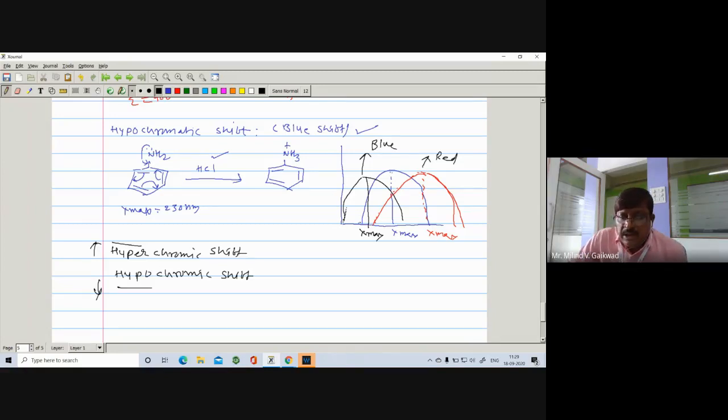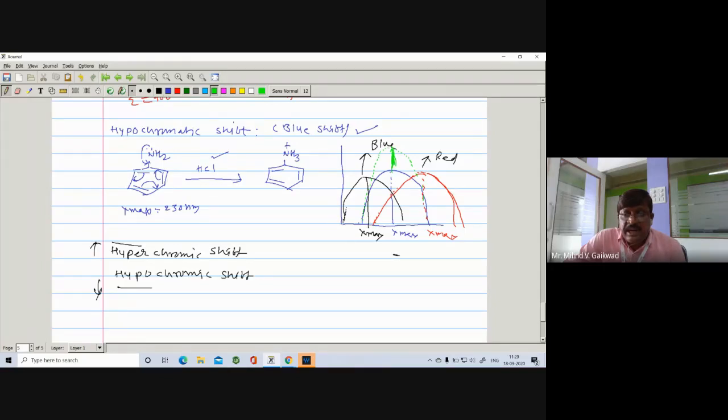Here the lambda max appears here. In the hyperchromic shift, the intensity, the height of the absorption, is increased. It will appear at the same lambda max, but the intensity is more.